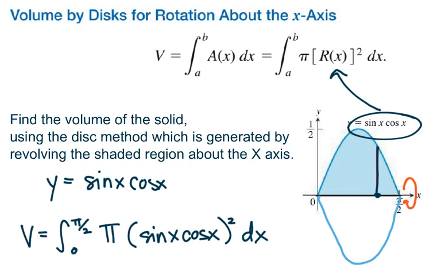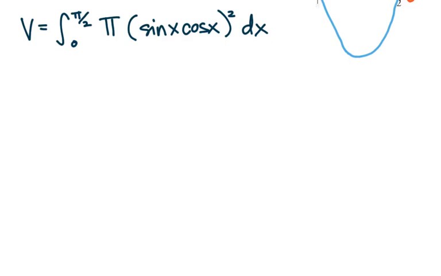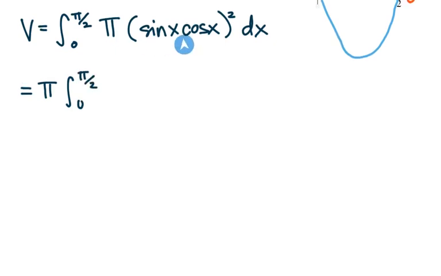So now we just need to solve the integral. So let's begin working through this problem. One thing I'll do is I'll go ahead and pull that pi out in front. Got the integral from 0 to pi over 2 of sine x times cosine x quantity squared. And of course I could write that as sine squared times cosine squared, but I don't know how to deal with that readily.